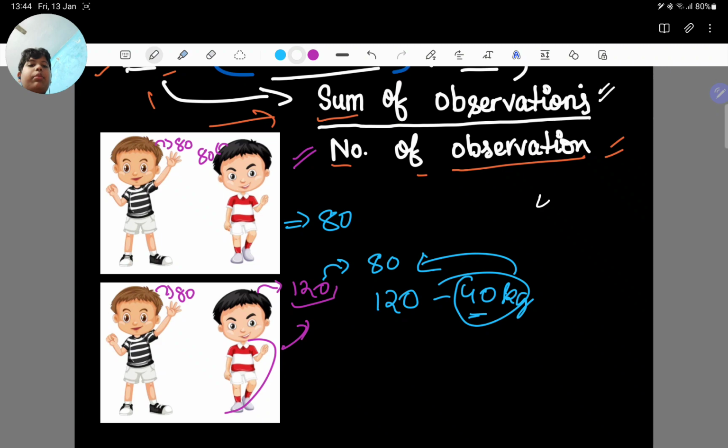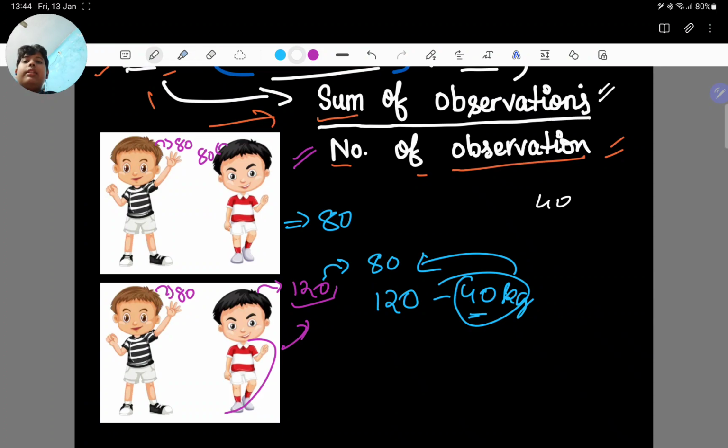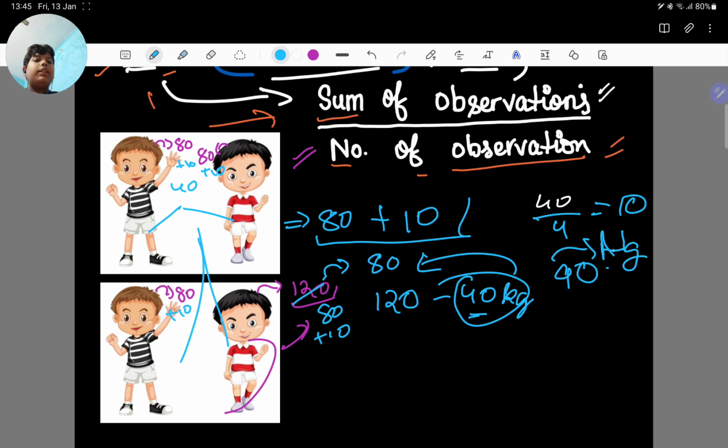This 40 will be equally divided among these 4 children. We divide it by 4 and get 10. Now we can add 10 to each, because everyone gets 10. This becomes 80 plus 10, so everyone has 90. So the average will be 90. This would be the average.